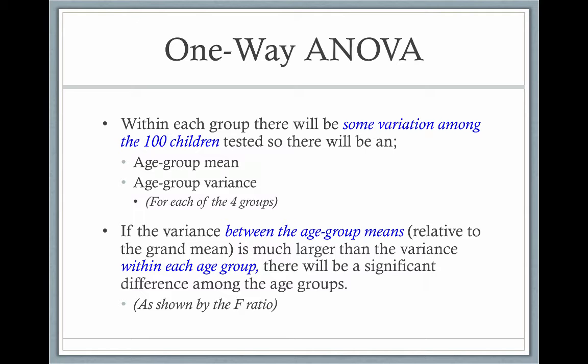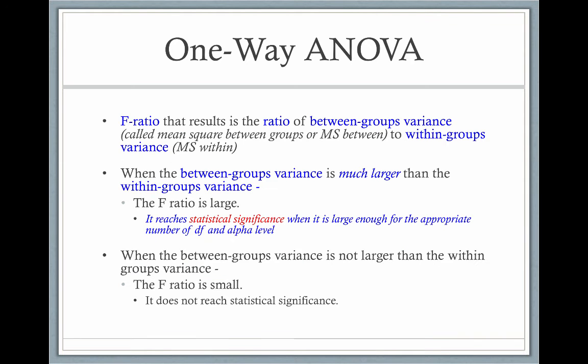If the variance between the groups relative to the grand mean is much larger than the variance within each age group, there'll be a significant difference among the age groups. And you'll see that in the F ratio, and you'll get your statistic.